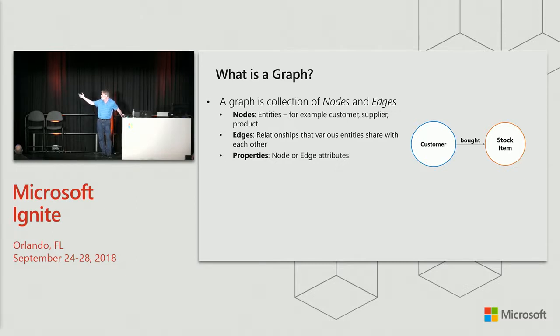So in this instance, the bought edge would be between customer and stock item, and it might have a quantity. It might have a price. There's a lot of different attributes you could have there, a date. But the idea is that you can have a richer bit of information. You can understand what's happening that way.